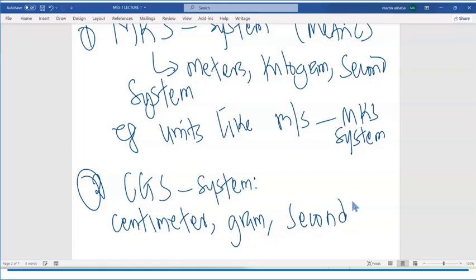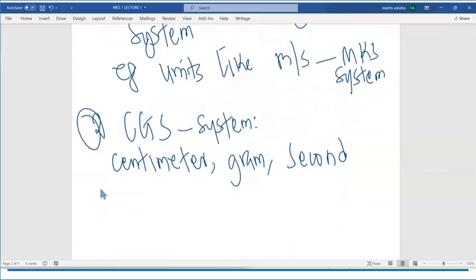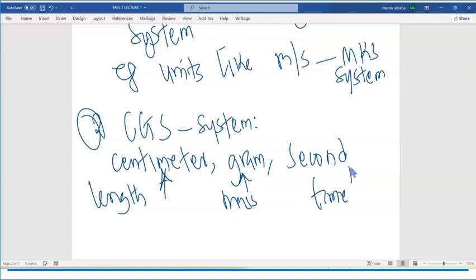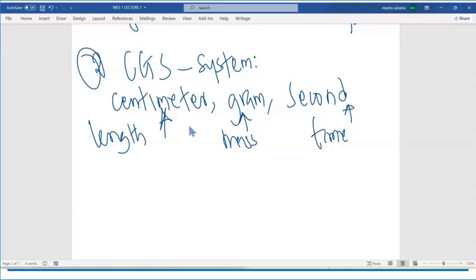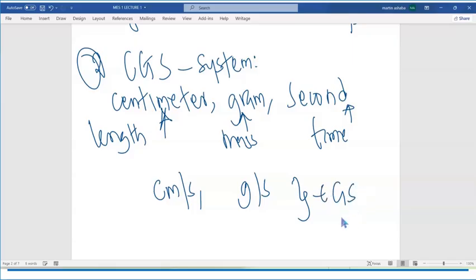So length is in centimeters, mass is in grams, and the time is in seconds. So the moment you see units like centimeters per second, grams per second, just know these are representing a CGS unit system.